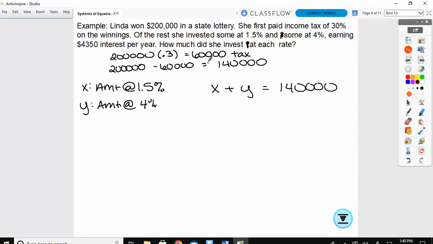Second one has to do with the interest. So if it's 1.5%, that would be 0.015x. 4% for the y, so plus 0.04y equals, how much interest did she get?